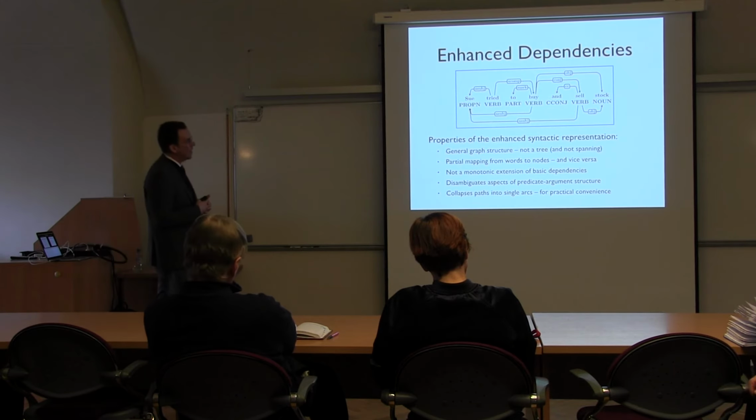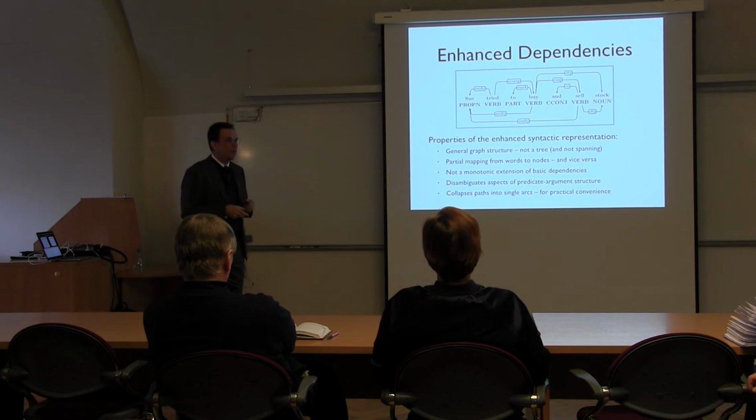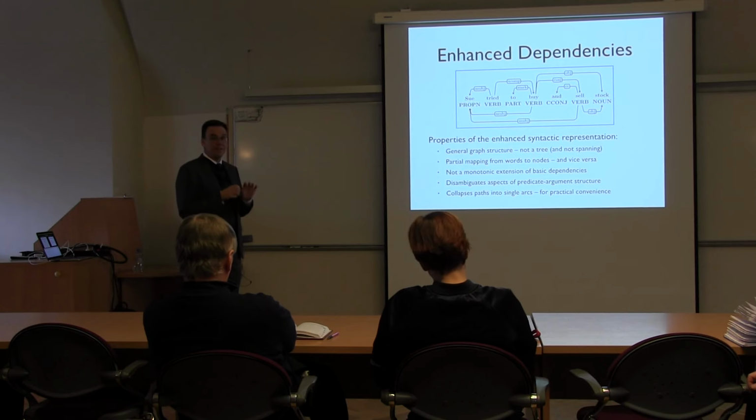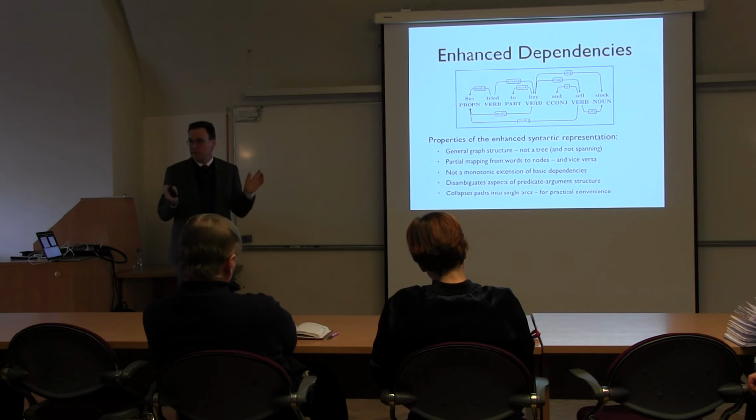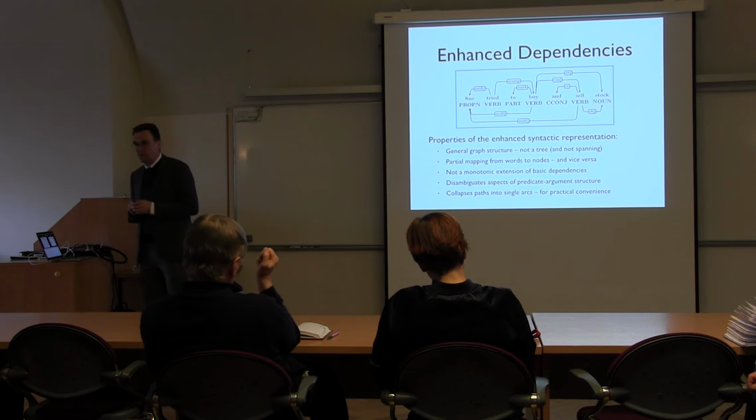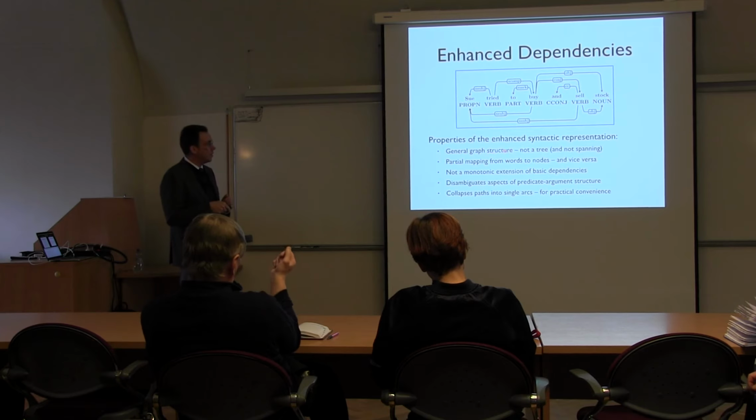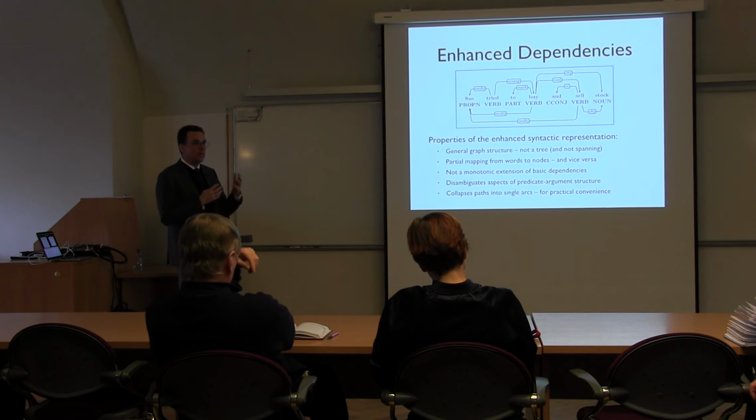So the idea in enhanced dependencies is that, first of all, it's not a tree in the general case. There are special cases where the enhanced representation is also a tree, but in general, it's a general graph structure. And it's not spanning anymore. So the mapping from words to nodes is more fluid, let's say.